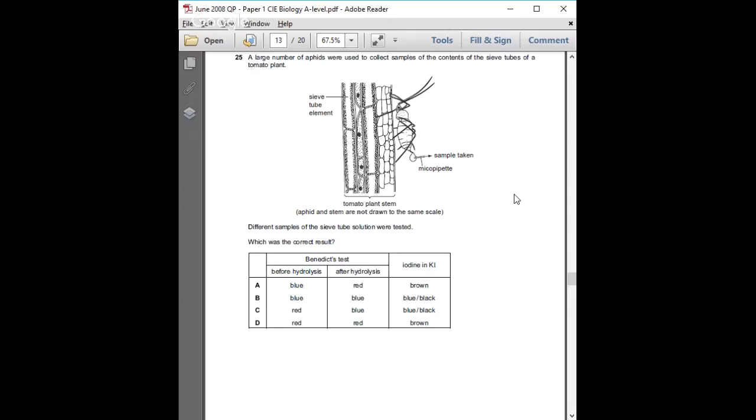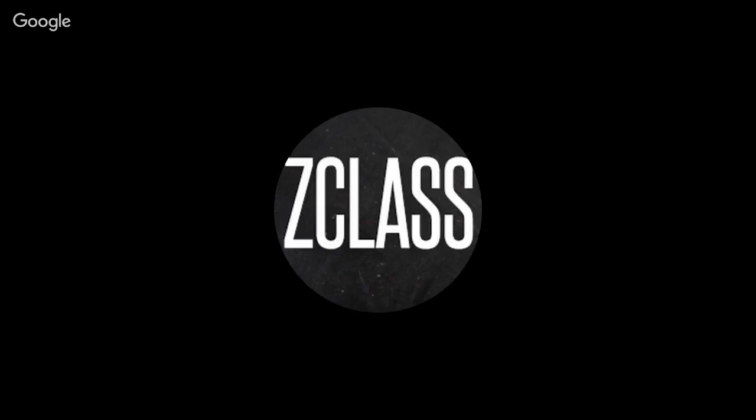Good, talk me through that. So Benedict's test and iodine. If starch is present, iodine turns black, and if it's not, it remains brown. Good. So B and C are out.